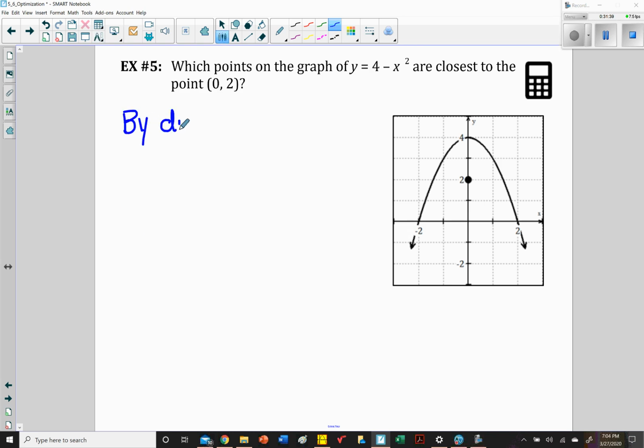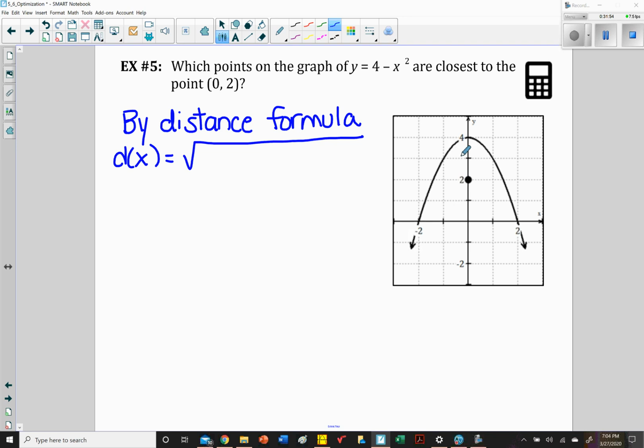So we'll say by the distance formula, we know the distance is, let's see, here's 0, 2, and we're going to pick some arbitrary point, right? The shortest distance. We'll call that an x and a y. So using the distance formula, we could say x minus 0 and y minus 2. We're going to go back and substitute that y.